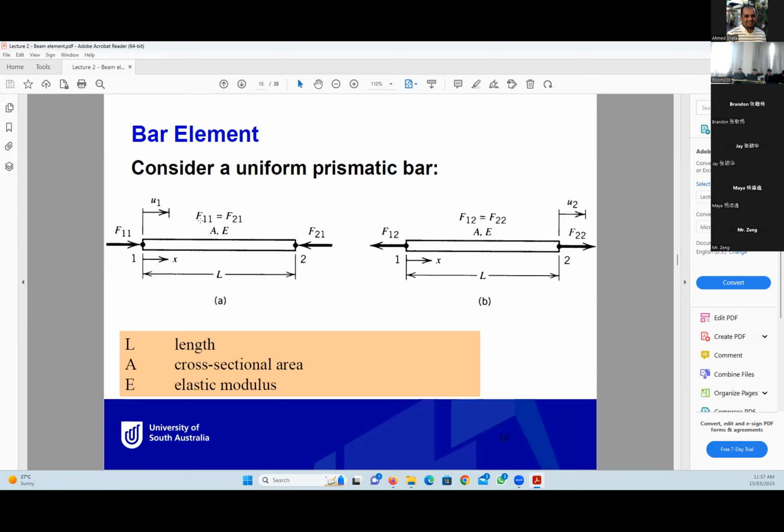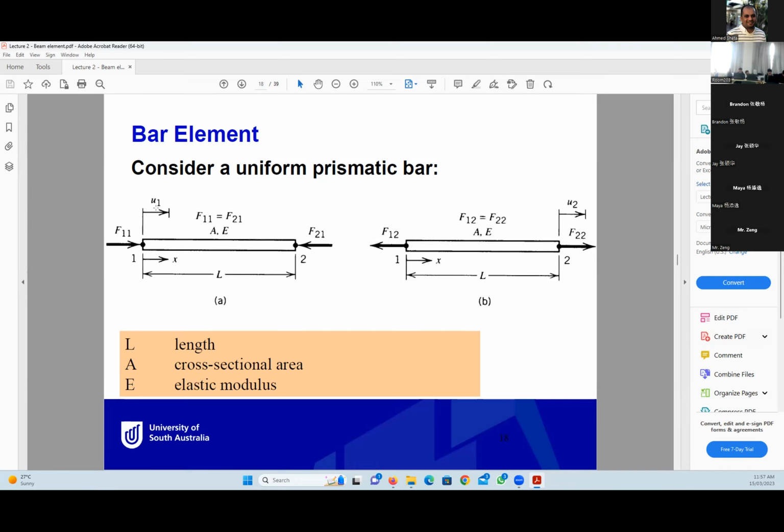From the stability of this element, F11 should be equal to F21, because if we push U1, the forces are equal. And also when we pull U2, F12 equals F22. So we have two conditions: F11 equals F21, and F12 equals F22. Another thing to notice is why the forces F11 and F21 go inside, compressing the element, while F12 and F22 pull the element.